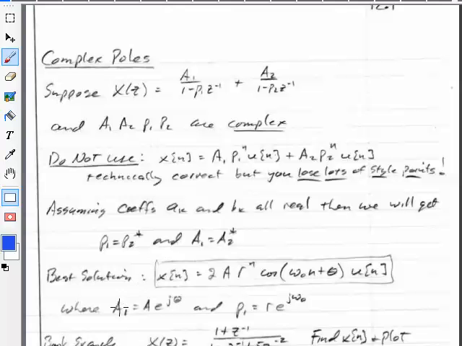So if we write the residue in terms of polar coordinates, this A is that A, and this theta is that theta. Similarly, if we write the pole in terms of polar coordinates, this r is that r, the thing we're going to raise to the n power, and this omega is that omega.